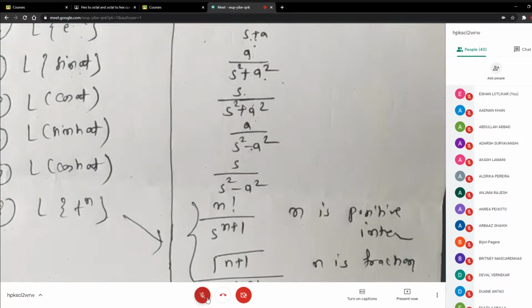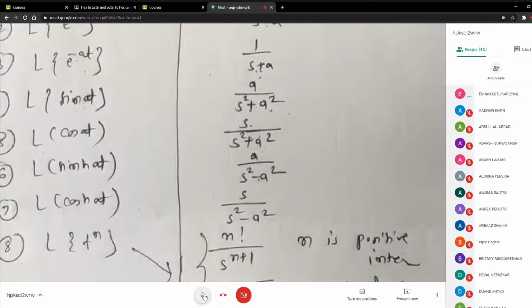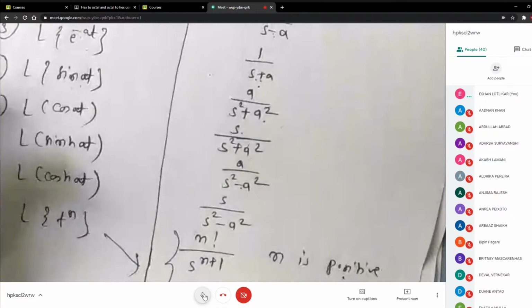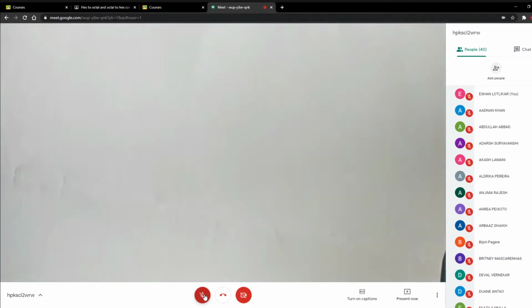Okay, done? Should I turn the page? Okay, so keep this formula page in front of you, because based on these formulas itself, we are going to solve the examples.